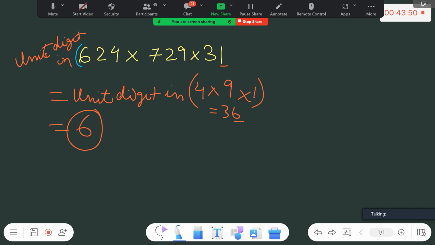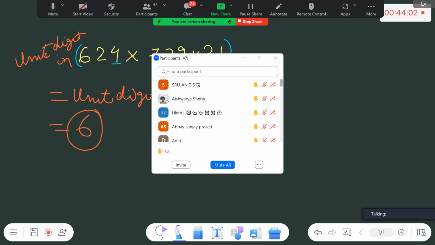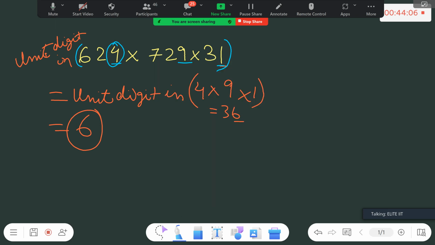I am asking you to find the unit digit in this multiplication. You don't need to do the entire multiplication. You just need to take the unit digits from here, 4, 9 and 1. Then you have to find the unit digit in 4 into 9 into 1. What is 4 into 9 into 1? It's 36. So the unit digit is 6. Okay?